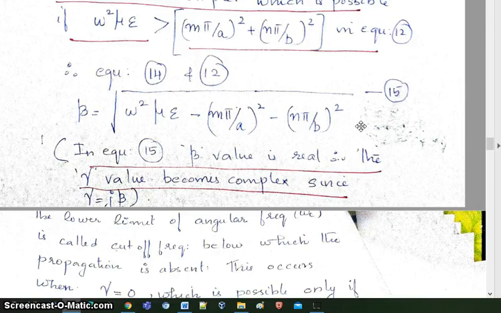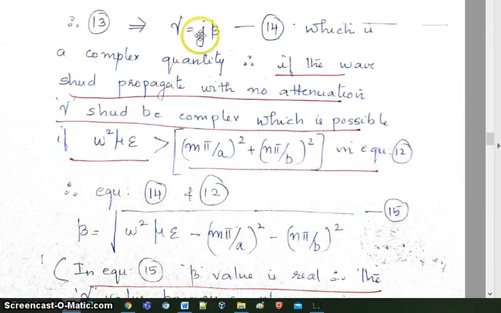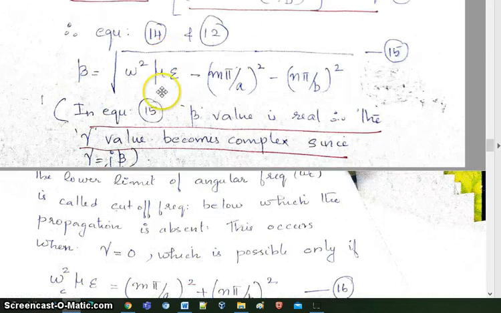So beta will be a real term, and that value we can substitute in equation 14, that is gamma is equal to j beta, so that gamma becomes a complex term. So in equation 15, beta value is real and therefore the gamma value becomes complex since gamma is equal to j beta.